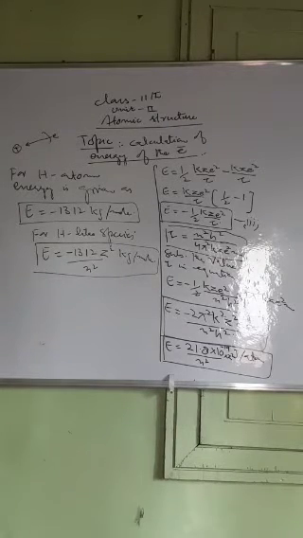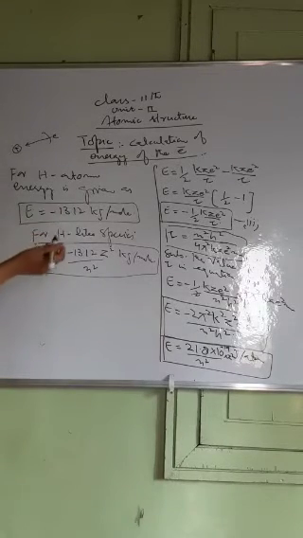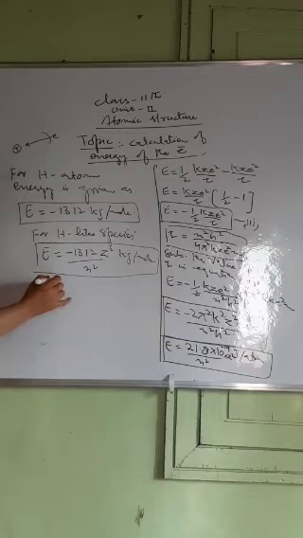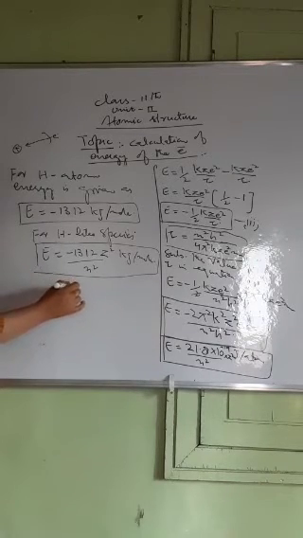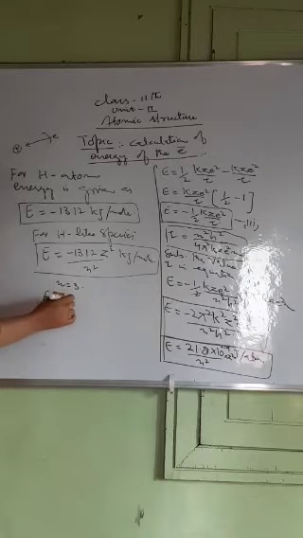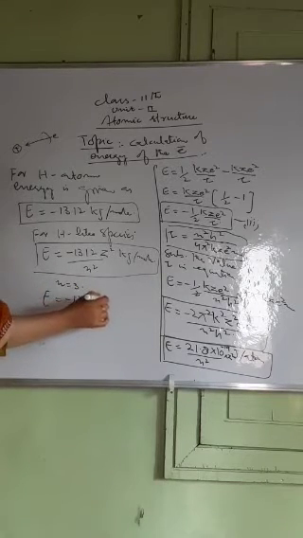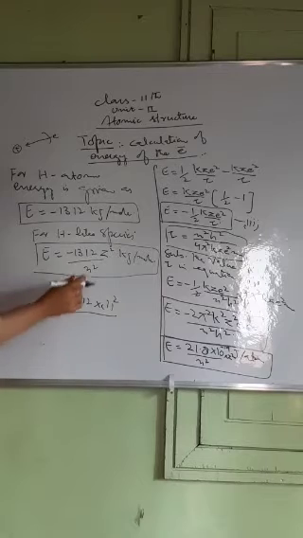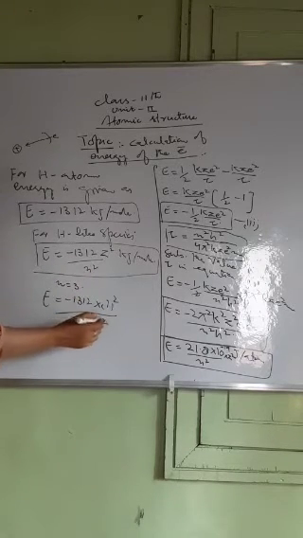For the nth shell, suppose for the second shell, you have to calculate the energy of the electron. You can easily calculate. Suppose for the hydrogen atom that electron is present in the third shell, we get E is equal to minus 1312 multiplied by 1 square divided by n square. We substitute the value of n, that's 3 raised to power 2.